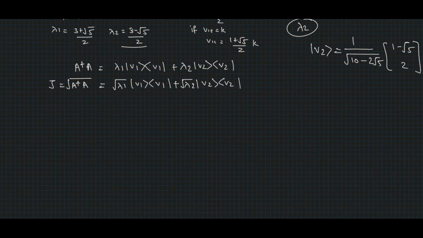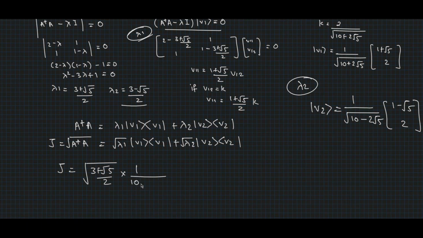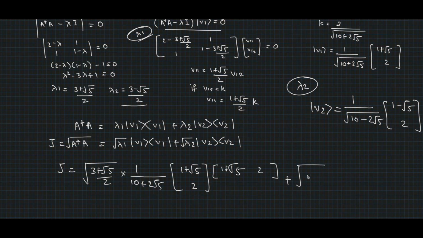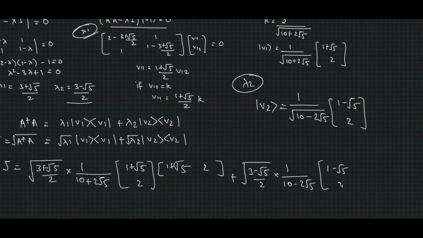which by putting all these values of lambda 1, lambda 2, v1 and v2, we get j equal to root under (3 plus root 5) by 2 into v1, which is equal to 1 by (10 plus 2 root 5) times (1 plus root 5, 2) into (1 plus root 5, 2), plus root under (3 minus root 5) by 2 into 1 by (10 minus 2 root 5) into (1 minus root 5, 2) and (1 minus root 5, 2).